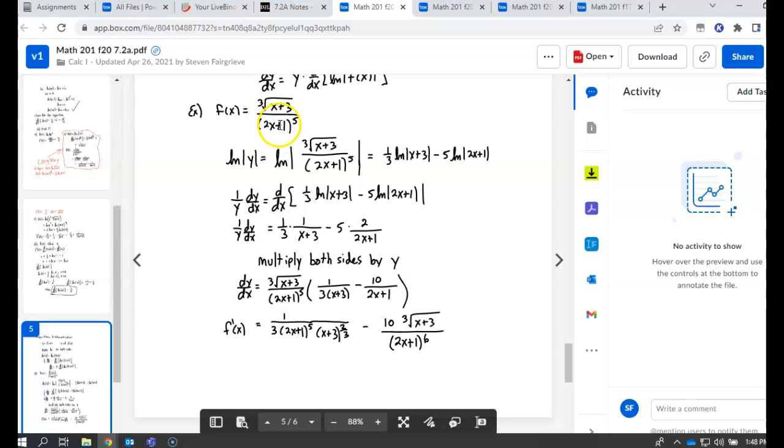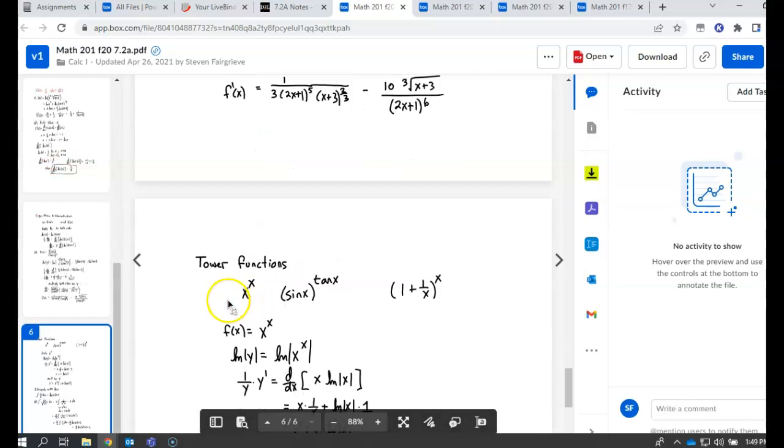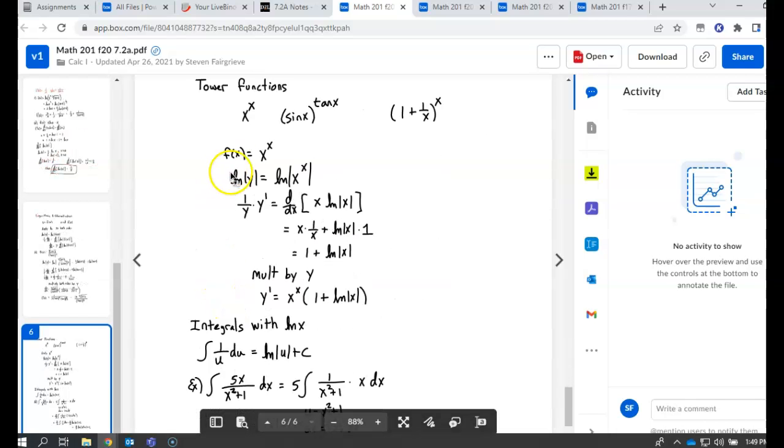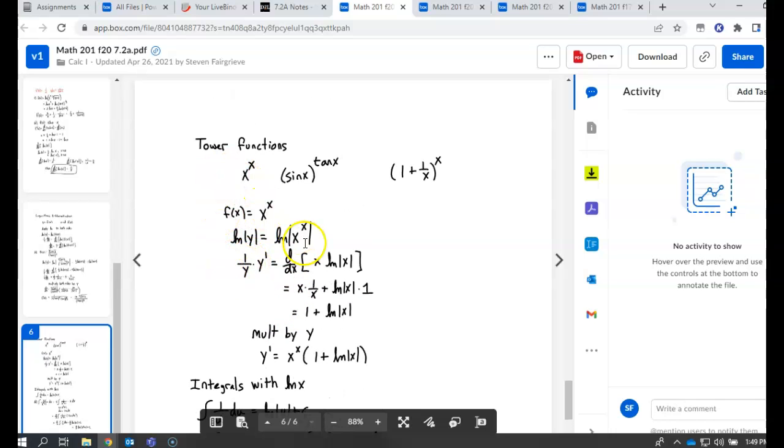We can use this process here, and that works really well if you're given these tower functions. So in addition to regular differentiation, you may be asked to do logarithmic differentiation.